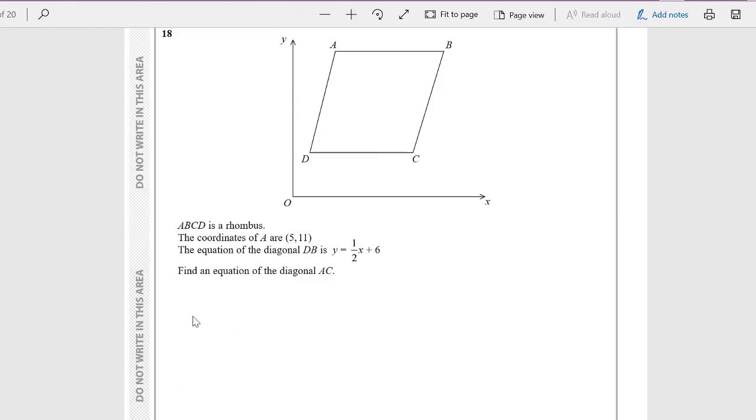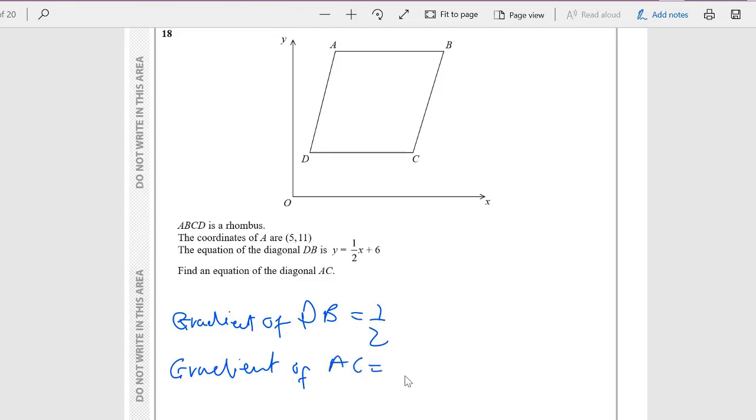Right, so we know that the gradient of DB equals a half, because it tells us, and then the gradient of AC is going to be minus 2, because it's going to be perpendicular.